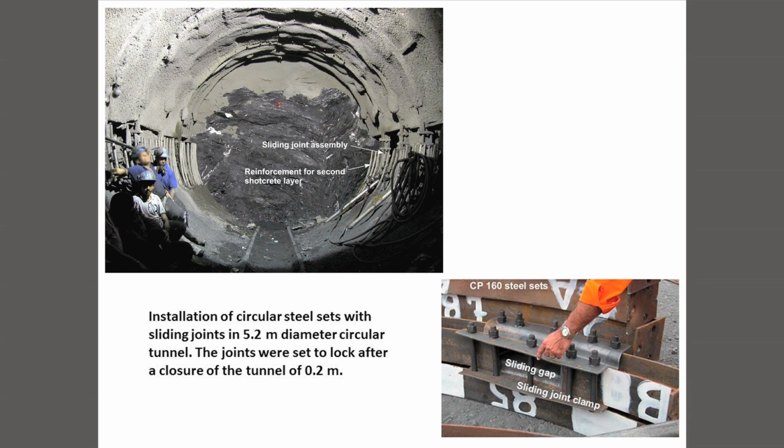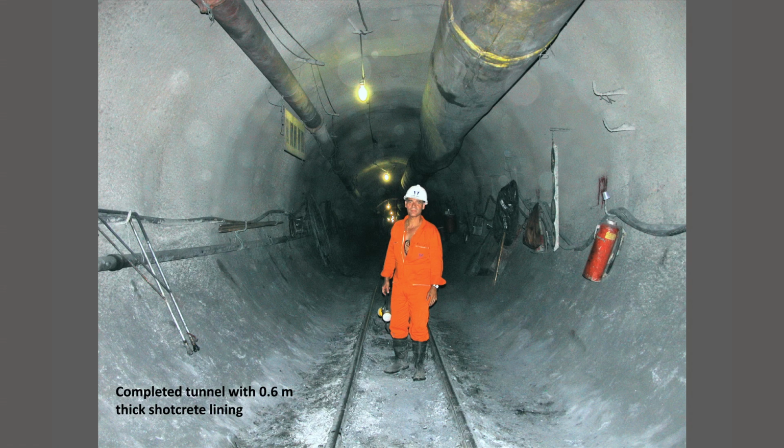So you're allowing it to close from 5.2 meters. You over-excavate it down to 5 meters, and the joints simply slide until the ends butt together, and then the sets are locked up, and you complete the installation of shotcrete, and you put another layer in, and you end up with a tunnel which is now completely lined, in this case with 0.6 meters of shotcrete lining.